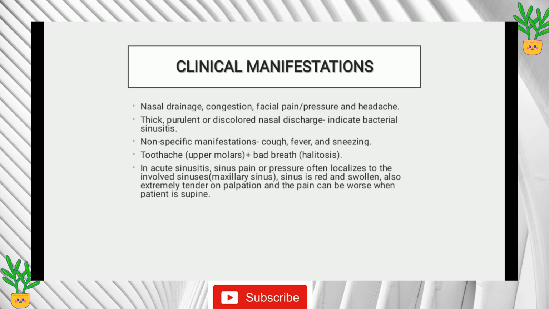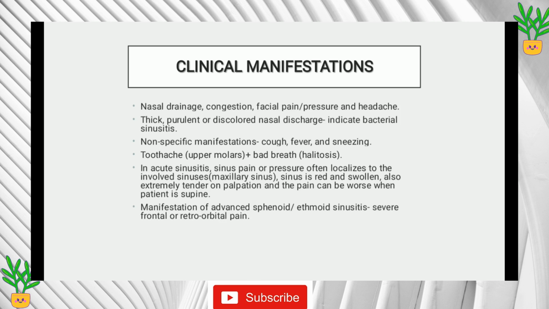This sinus will be red and swollen, and also extremely tender on palpation, meaning when you touch the sinus it will give pain. The pain can worsen when the patient is supine, lying down, and when you palpate the sinus it will be tender and cause more pain.